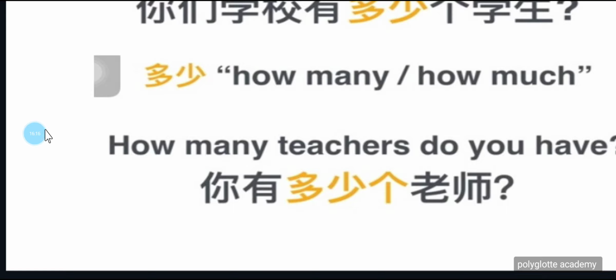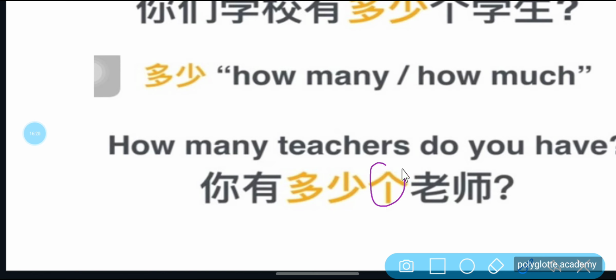We can still omit this 个 and the sentence will be fine. 你有多少老师? How many teachers do you have? When we use 多少, we can omit that.